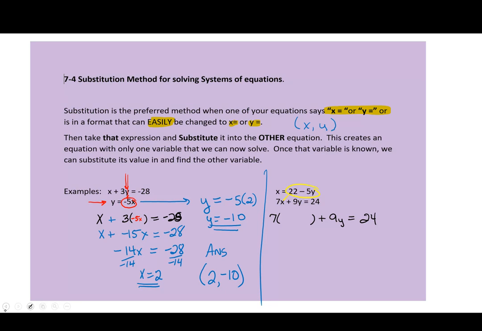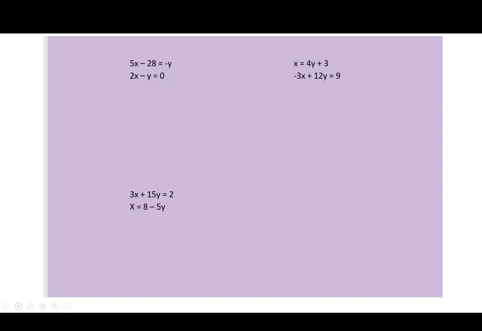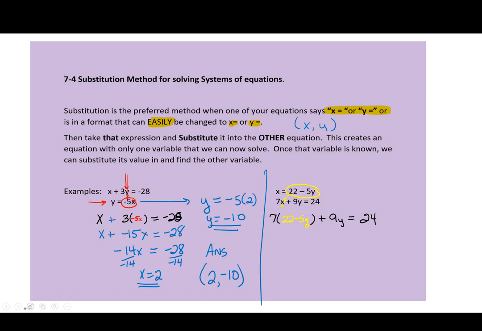And into that expression there, I'm going to put 22 minus 5y, because that's what x is. That's a substitution. I've removed this one and replaced it with something that was equal to it. Alright, so let's simplify and see if we can solve this.